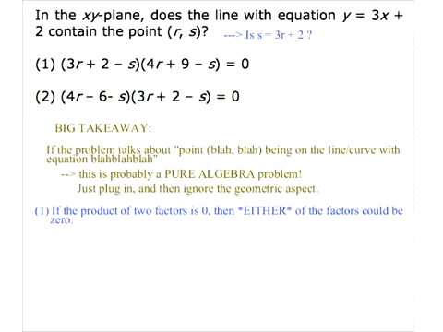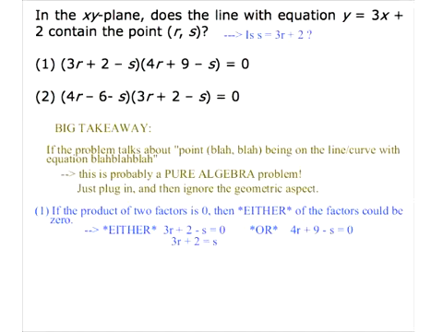So that means this is either, not both, s equals, I mean, if 3r plus 2 minus s equals 0, then that means that 3r plus 2 is s. Or this. So this would be 3r plus 2 equals s. But this is 4r plus 9 equals s.